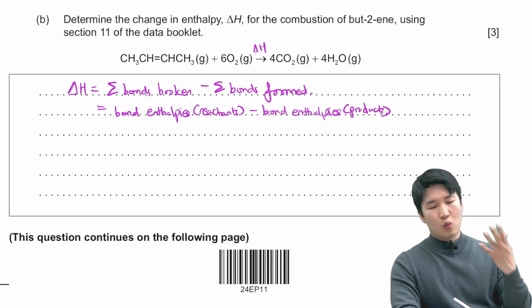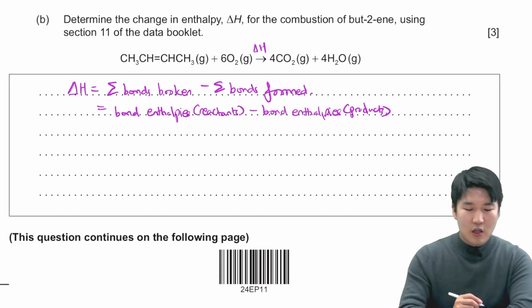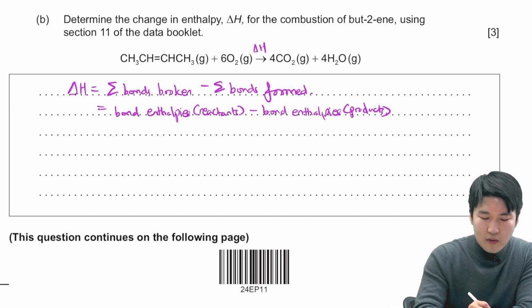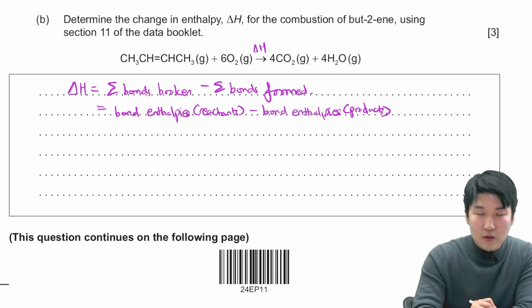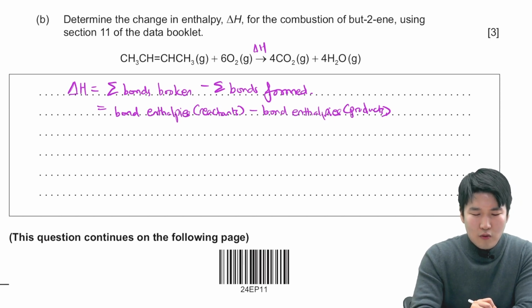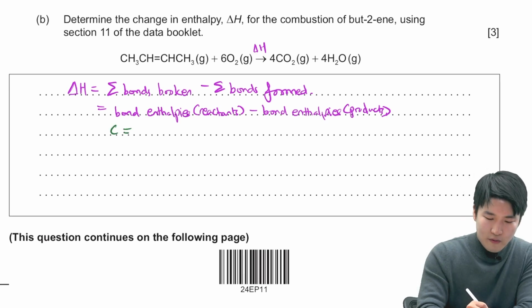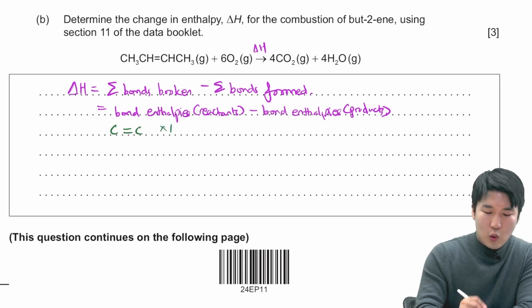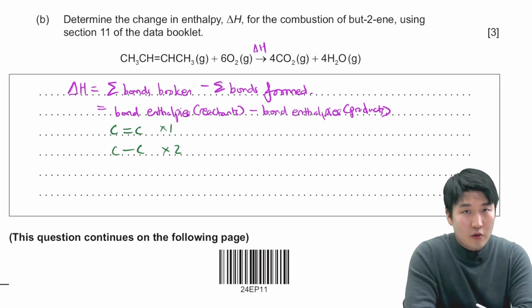Let's look at what the bond enthalpies of the reactants are. We're going to have quite a lot of bonds. We have one C=C double bond, and C-C single bonds, and there are 2 of them.